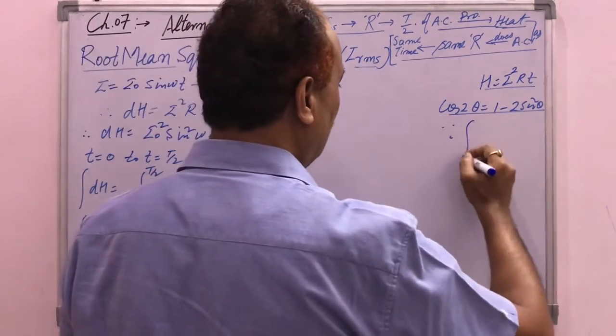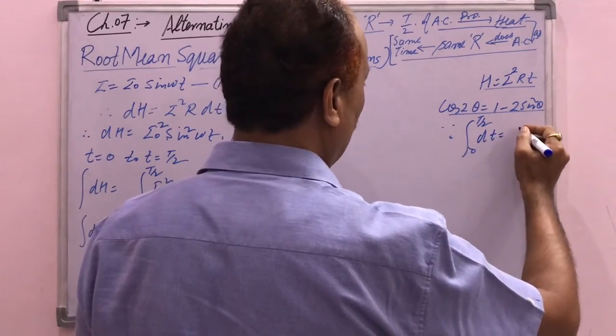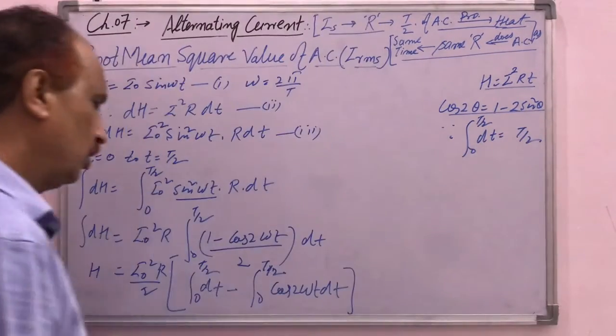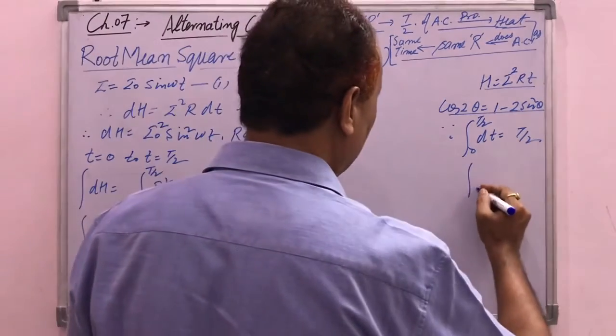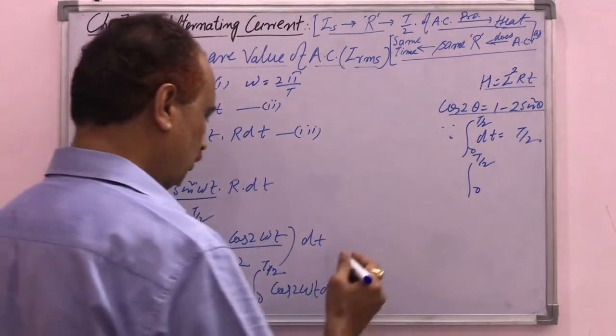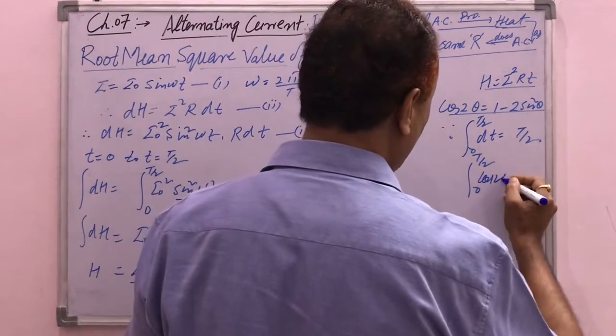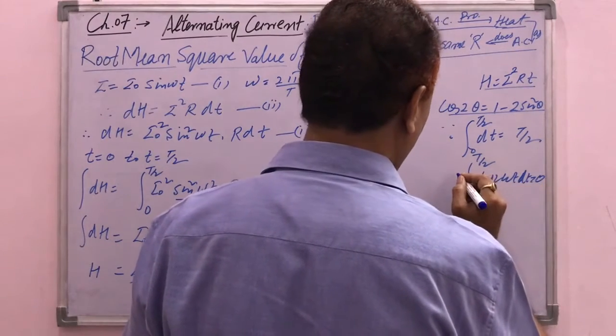So the integral from 0 to T by 2 of dt equals T by 2 after putting the limits. And the definite integral from 0 to T by 2 of cos 2 omega t dt is always equal to 0.